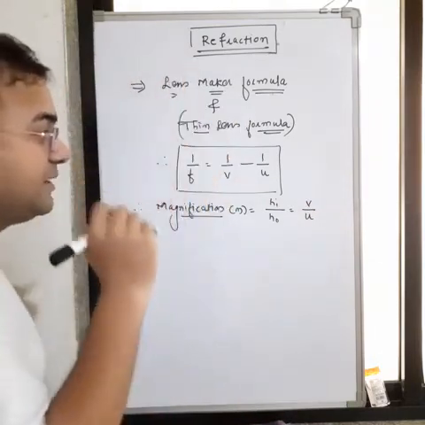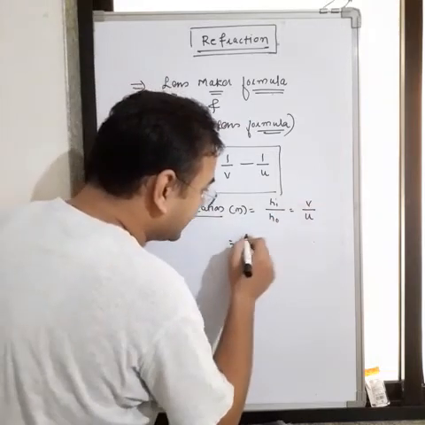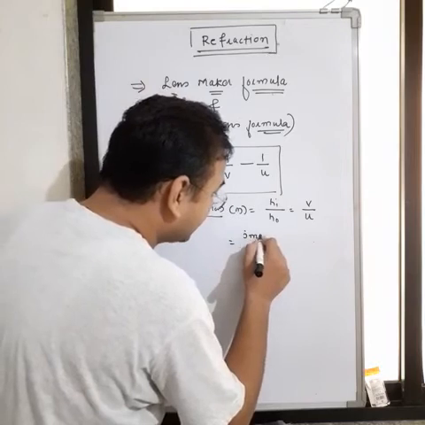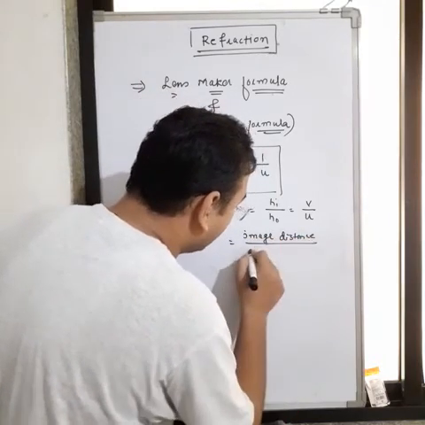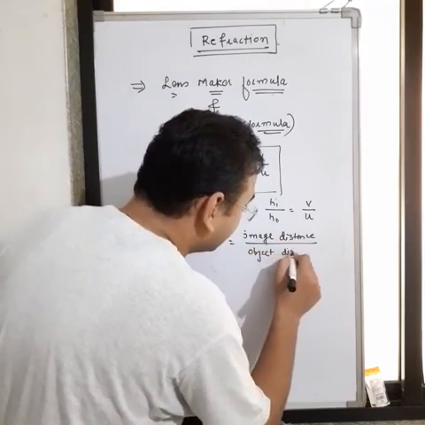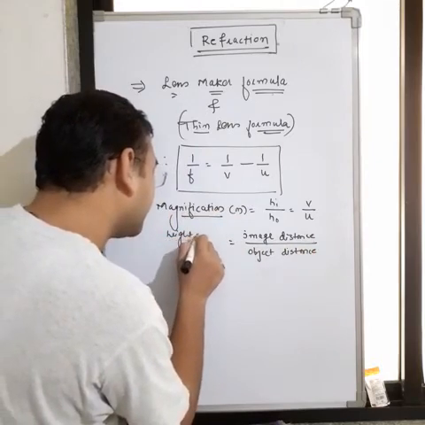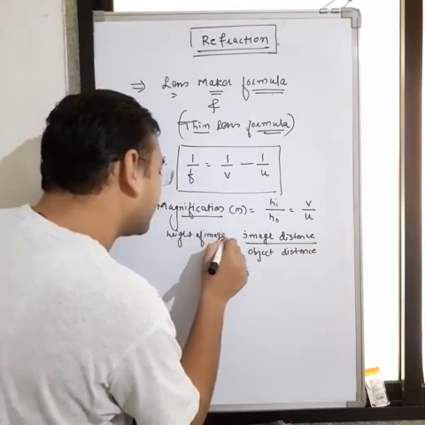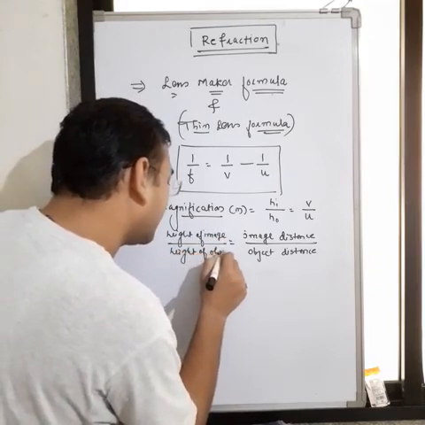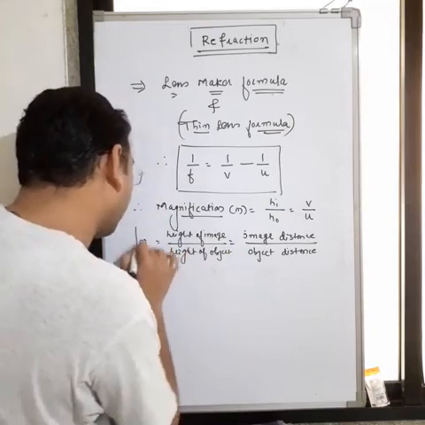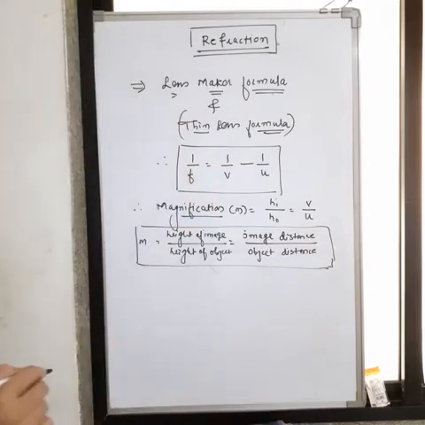In the case of the mirror it was minus v upon minus u, but here it's v upon u. This is image distance upon object distance, equal to height of image upon height of object, equal to magnification. Most important part. Got it?